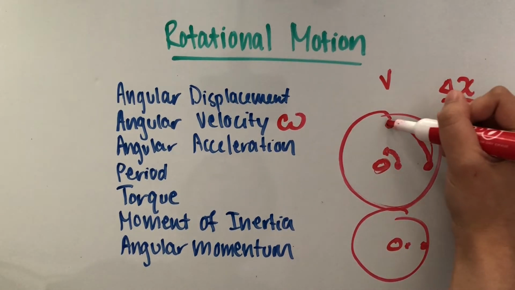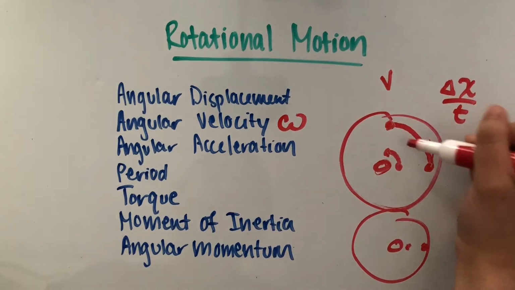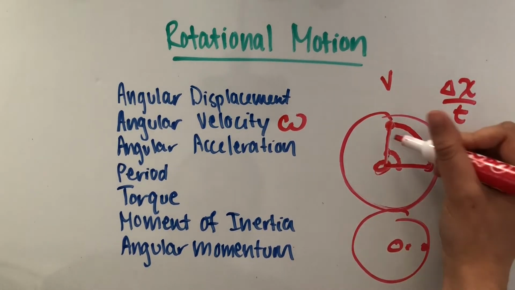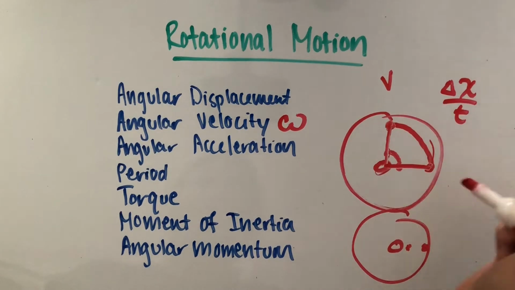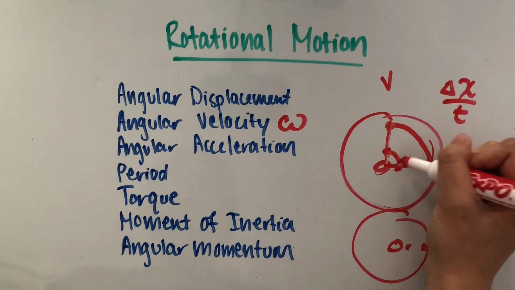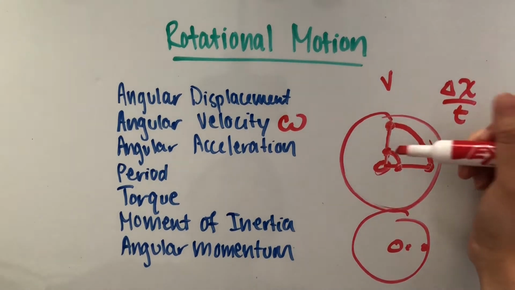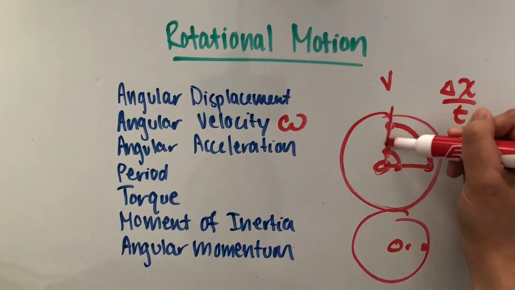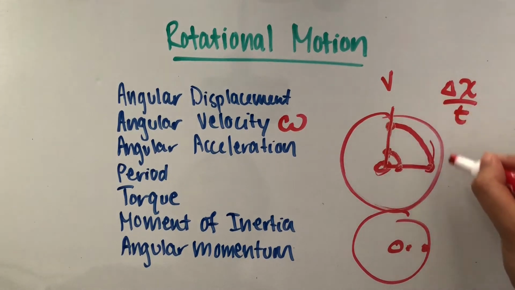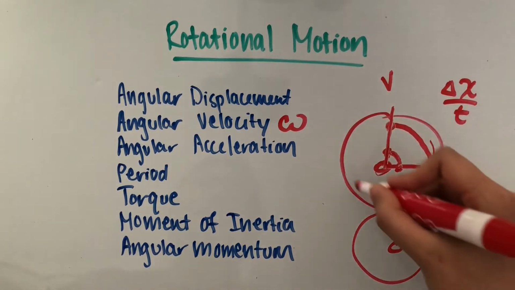So from this position to this position, the angle between these 2 points is going to be about 90 degrees, and the angle between these 2 points is also going to be 90 degrees. So any points that are on this vertical line will have the same angular velocity as the tire rotates around 360 degrees.